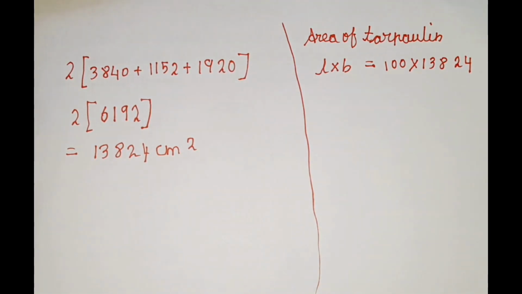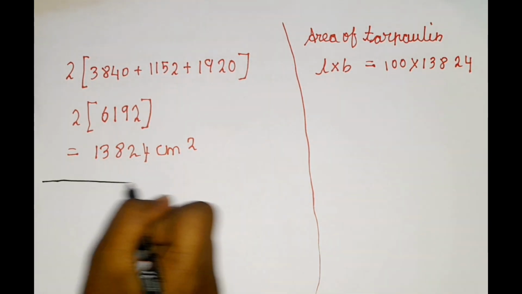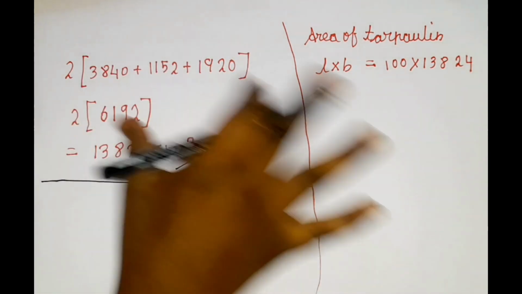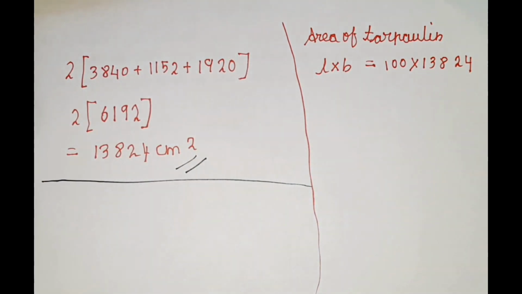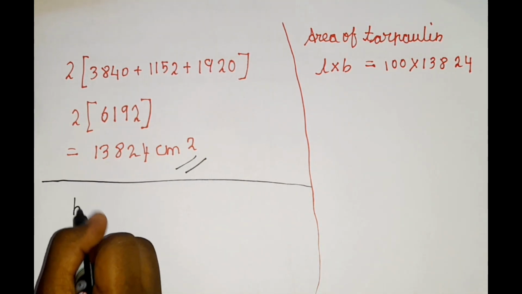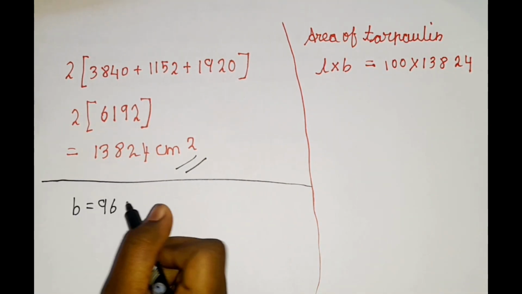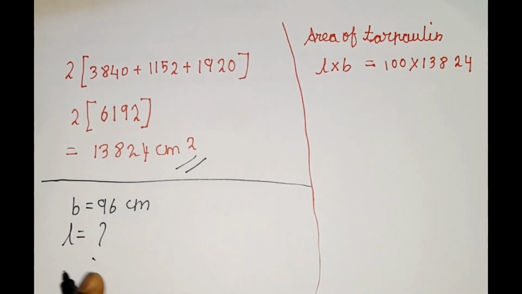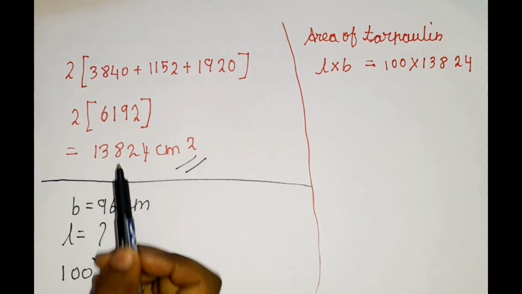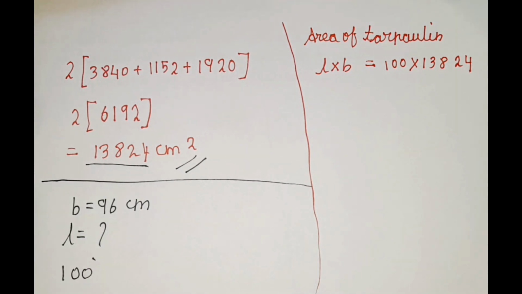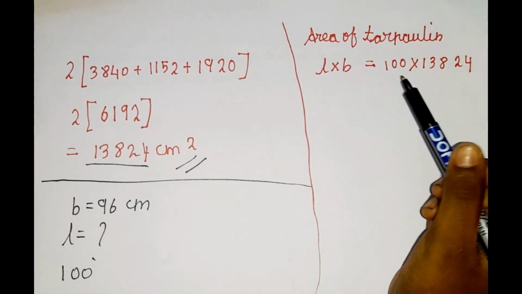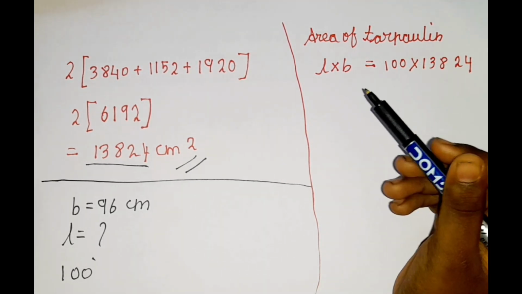So here the thing is that in the question first we have to find the TSA, okay. This is the total surface area of that cuboid, okay. So they asked if the breadth is 96 centimeter, how much length is required to cover 100 suitcase. So for one suitcase the total surface area is 13,824, right.